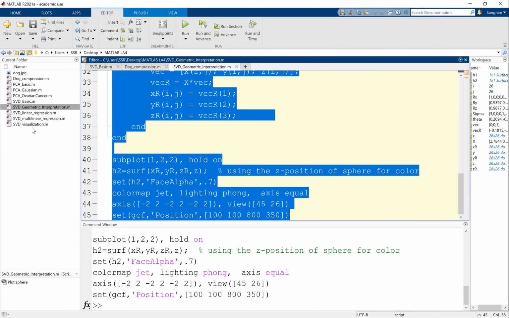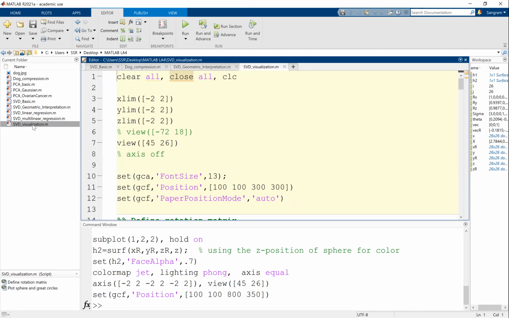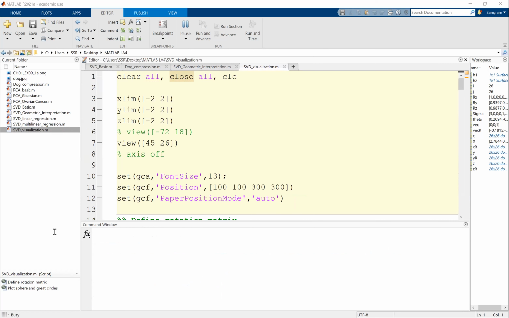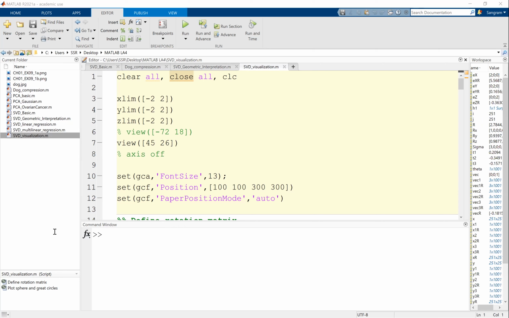It would be more instructive to look at a visualization of SVD. Again, this is just for visualization; there is no underlying code to understand. Run the SVD visualization code and it will give you a very nice picture that you can interactively rotate.